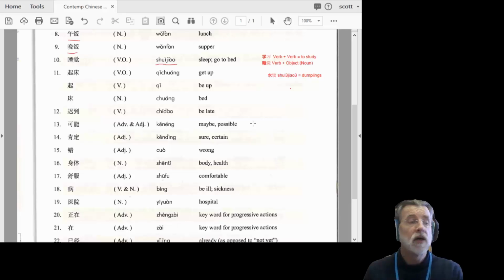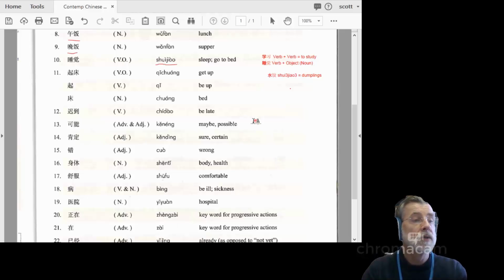So if you want to use it as an adverb, you might say something like 他可能去，可能不去. So he may go or he may not go.